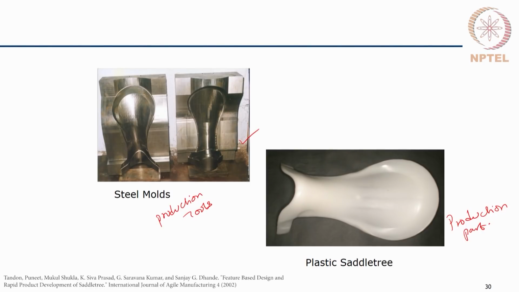So, we see that the design of the mold is critical from the perspective that the material has to flow. We need to optimize the filling time, or what is called the mold cycle time, so that the cost is kept at the minimum.